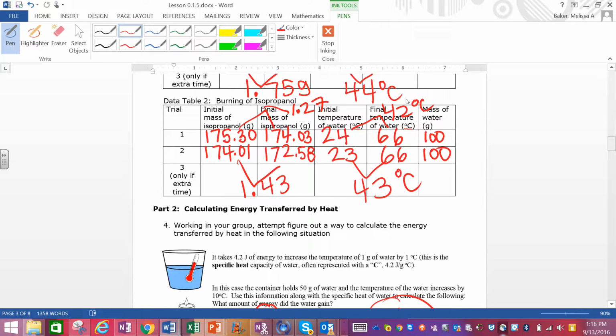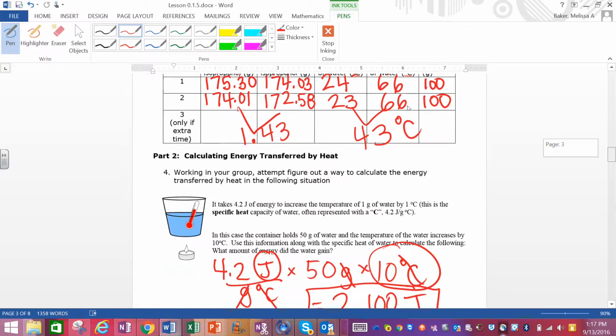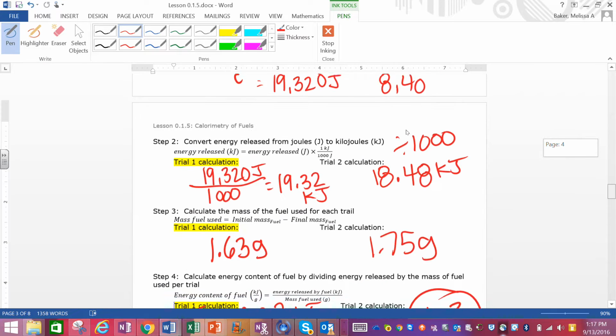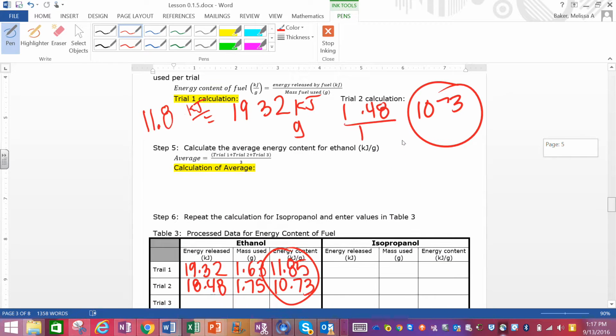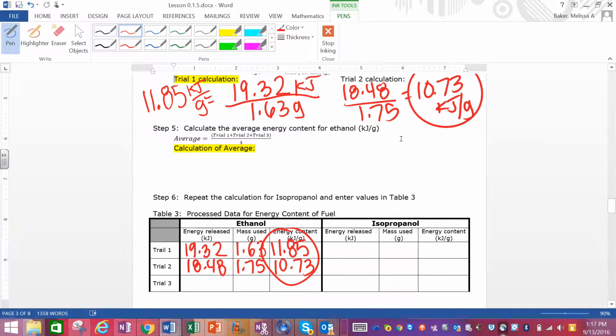So for trial 1 for isopropanol, it went up 42 degrees Celsius. The mass changed 1.27. And for trial 2, 43 degrees Celsius, the mass changed by 1.43. Okay, so to fill in my table for isopropanol, I just need a little place to have some chicken scratch. Since I didn't really use my average space up here, I can do that.